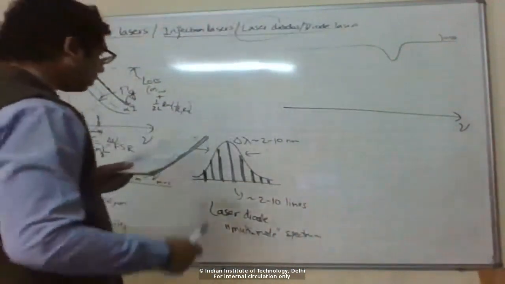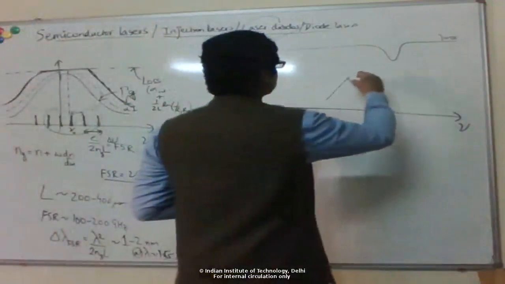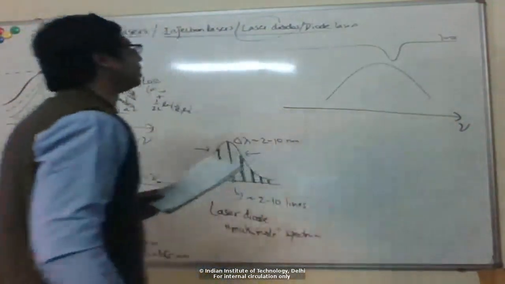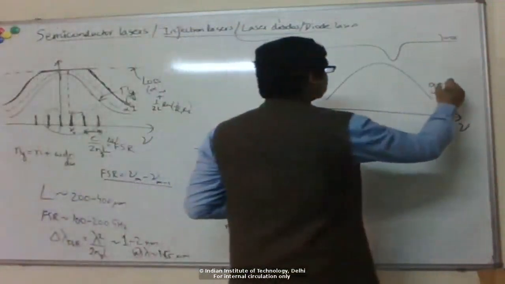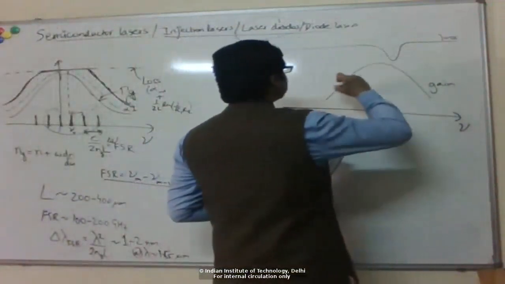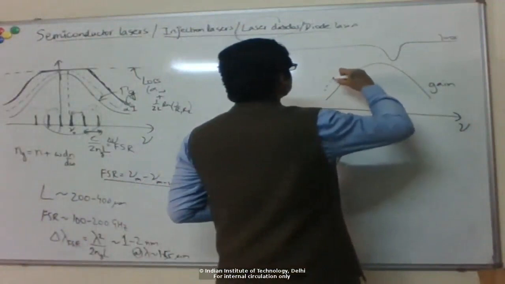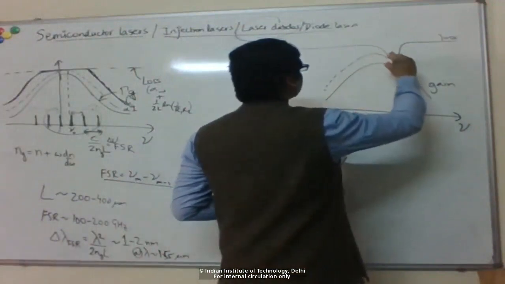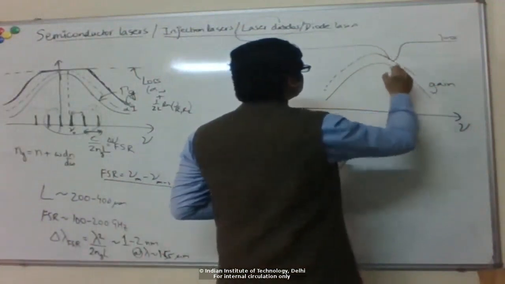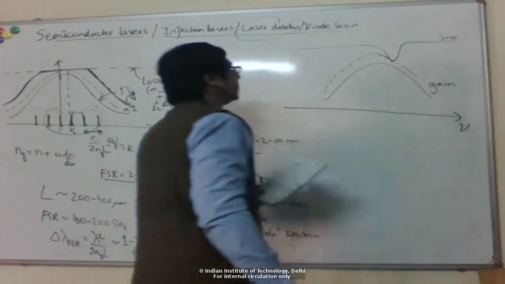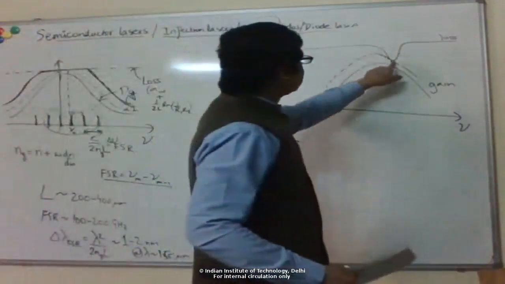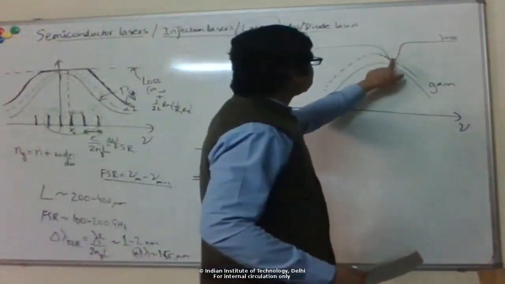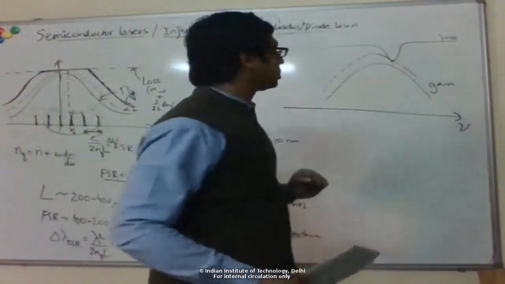Now go back to your gain profile here. As I keep increasing the current, this goes up, and at some point it will touch here. So the gain equal to loss condition will first be satisfied at this point of minimum loss.